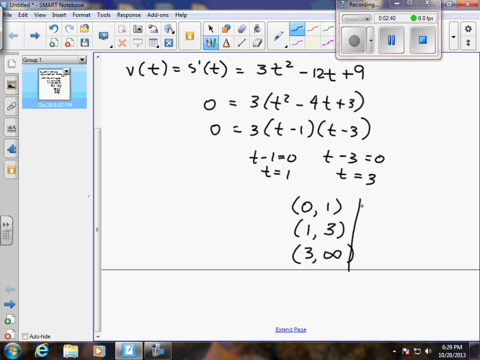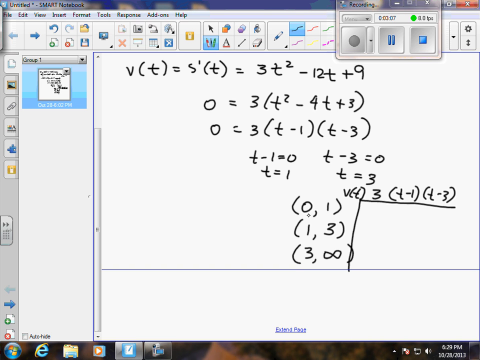And I'm trying to determine what the sign is of the derivative. The derivative, you know, is velocity. If I pick a number in each interval and determine what the velocity is, then I know which direction it's moving.